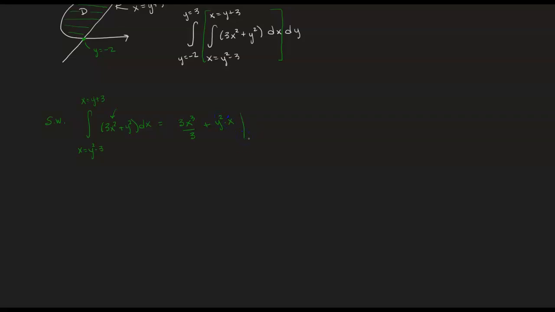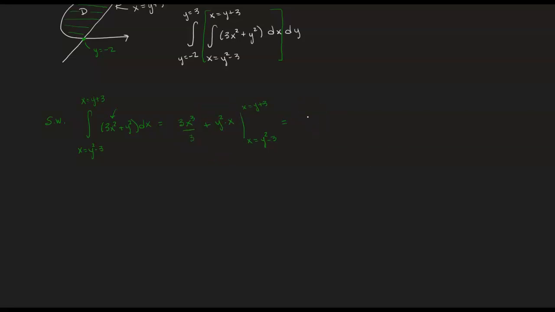And we're going to replace our x's with the bounds y squared minus 3 and y plus 3. Now, this is another reason why I think it's super important to write out that your bounds are either x equals or y equals, because when you go to plug them in, it's easy to get confused about who's being replaced with what.